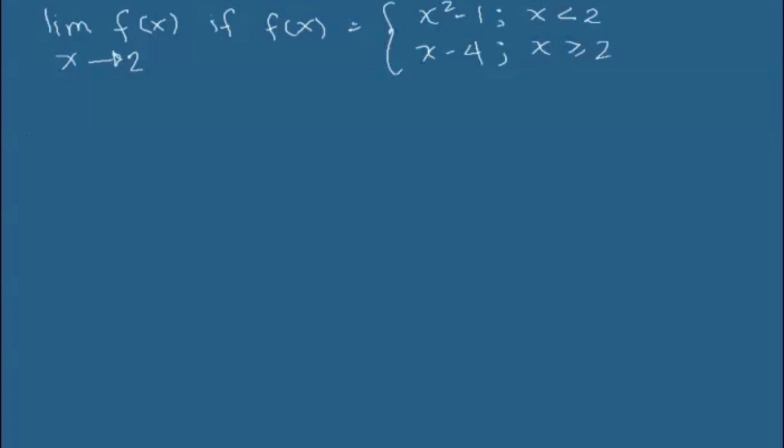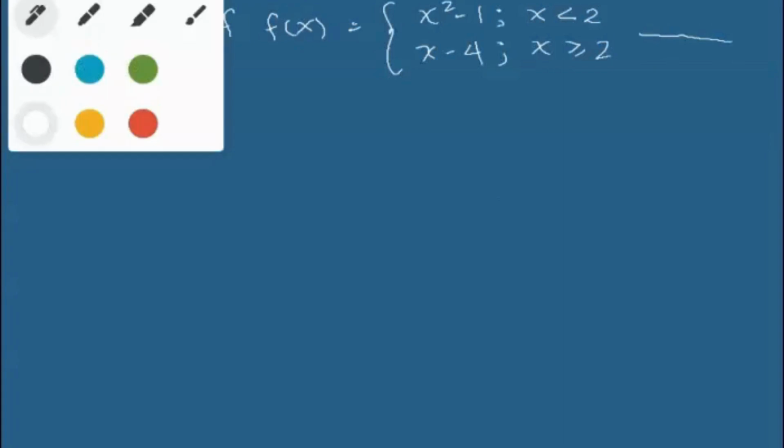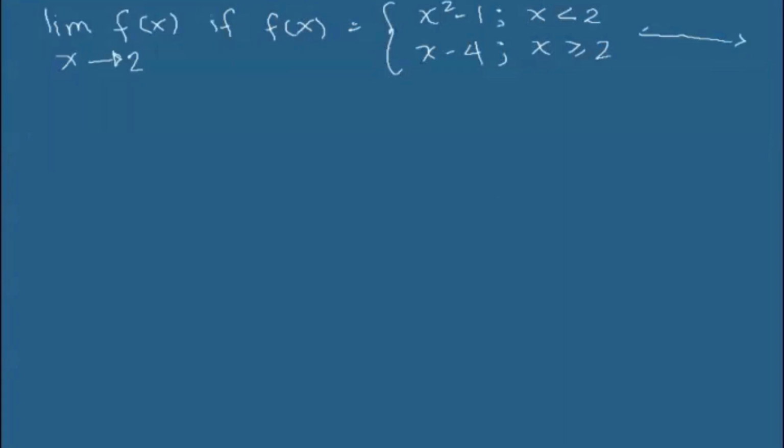So in this case, once again, we're going to use the number line. So as x approaches 2, we have approaching from the left and approaching from the right.